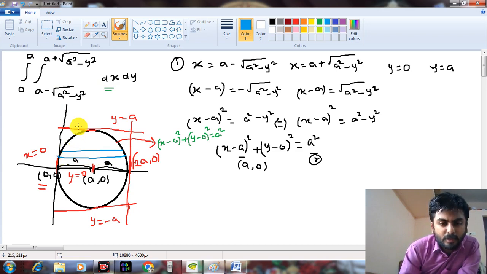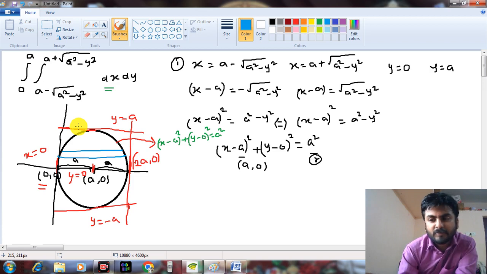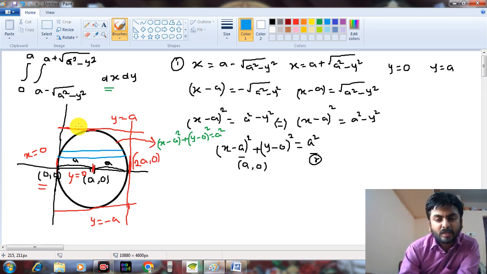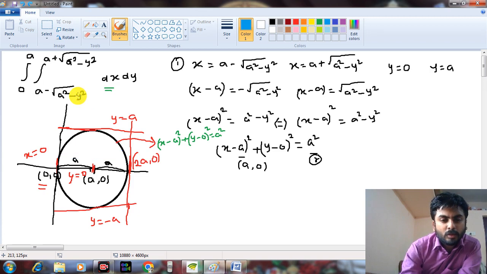Before that, we want to clarify what the region of integration is. For that, let me show you graphically. x is varying from a minus root of a square minus y square.